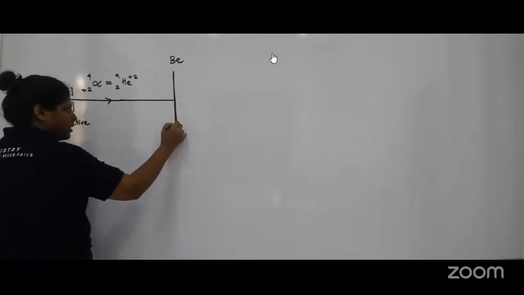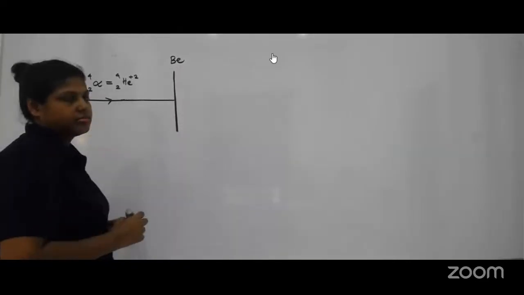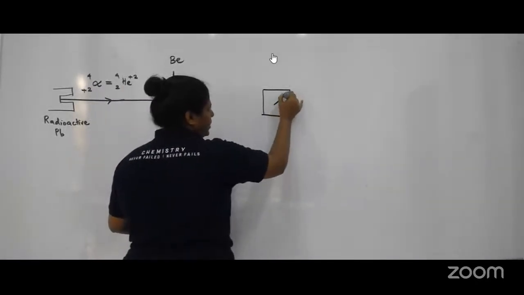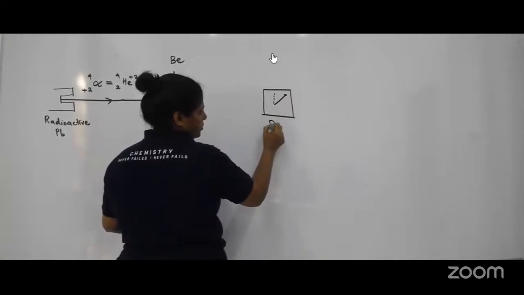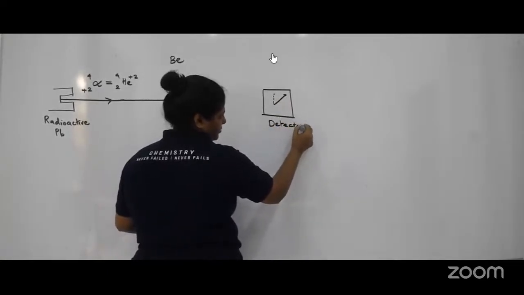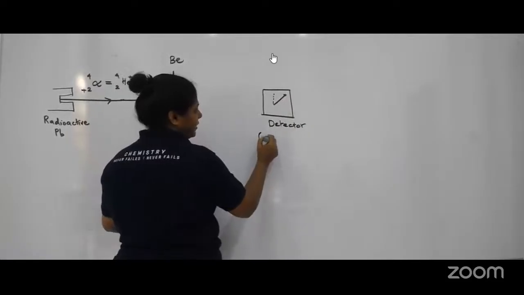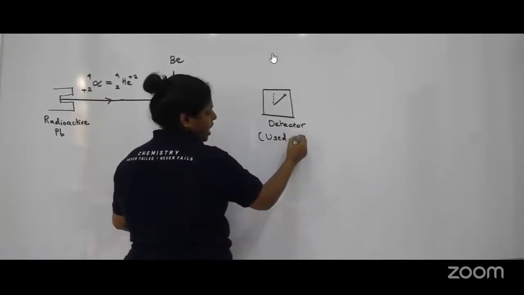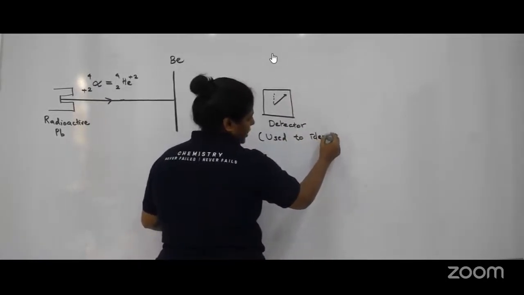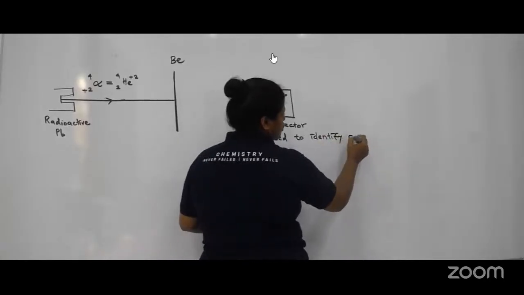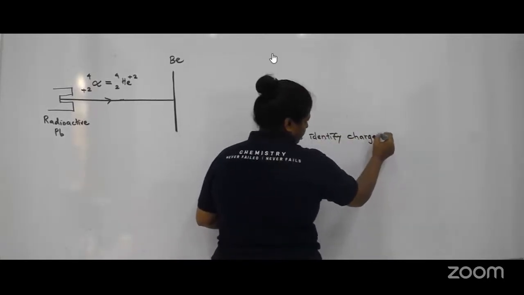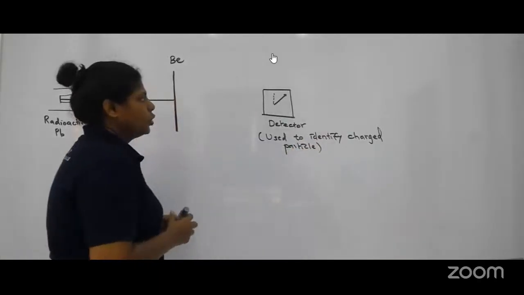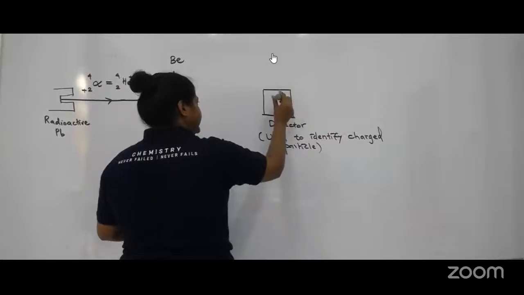to make the observation, there is another device called a detector. This is the detector. A detector is used to identify charged particles.